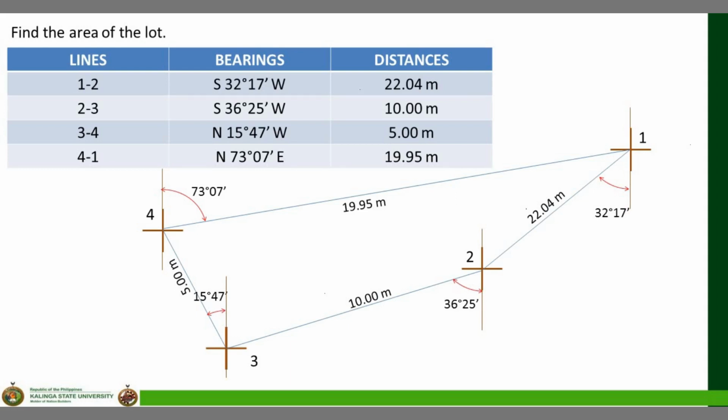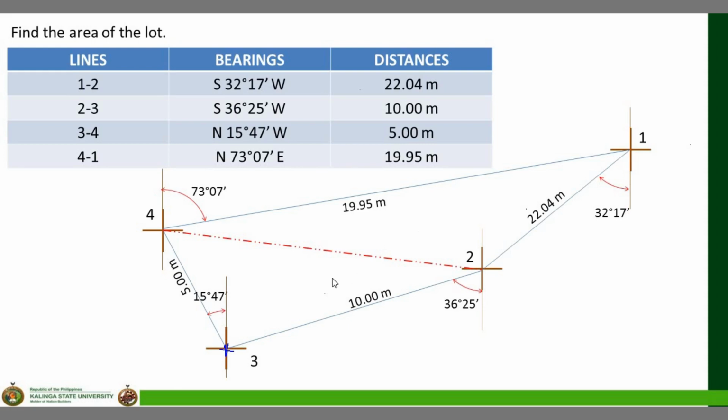If I put a line from 2 to 4, as you can see on your screen, I see two triangles. But take note in this figure, at station 3, that is not a right triangle.